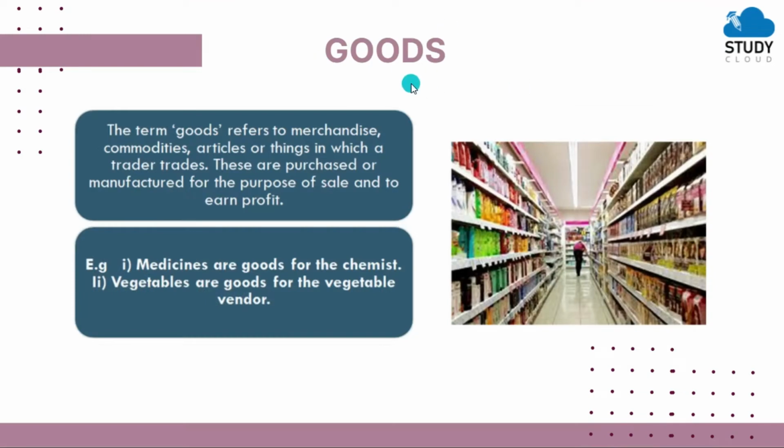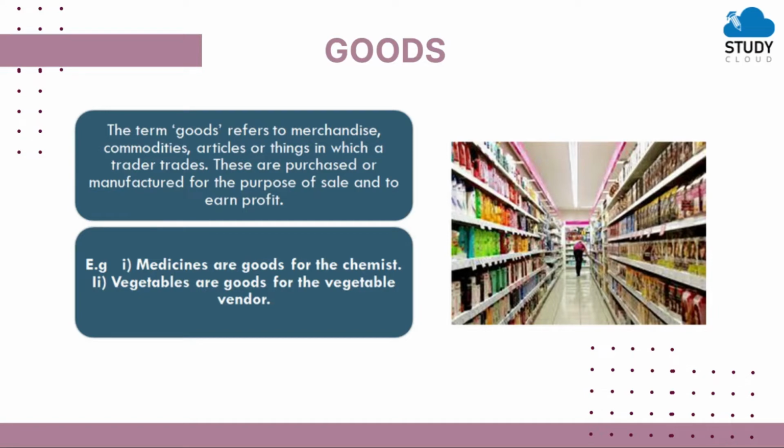Then next is goods. Now what is goods? The term goods refers to merchandise, commodities, articles or things in which a trader trades. These are purchased or manufactured for the purpose of sale and to earn profit. For example, if you have a bookstore, then books are goods for you because you are going to sell those books to the customer.